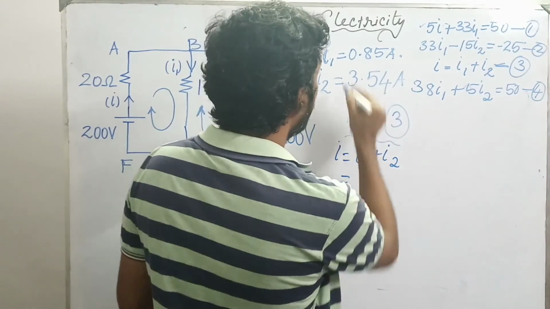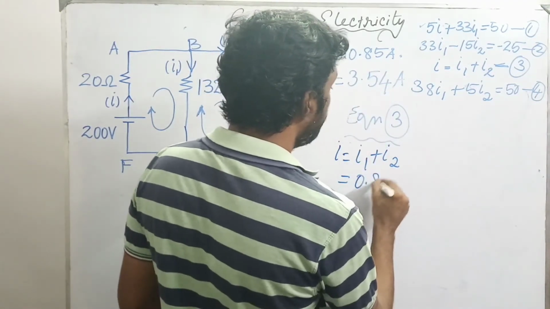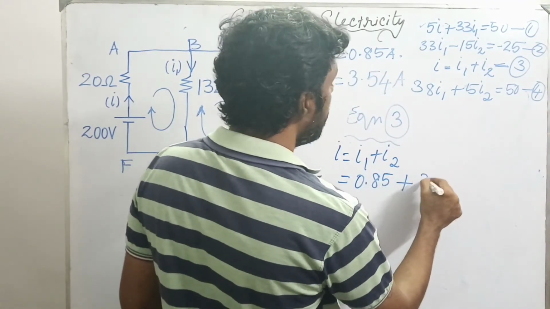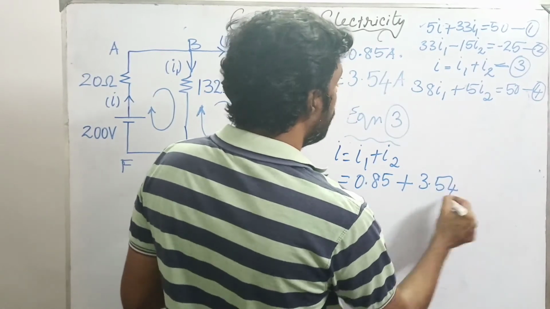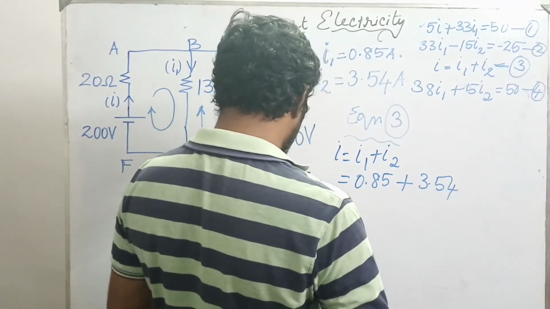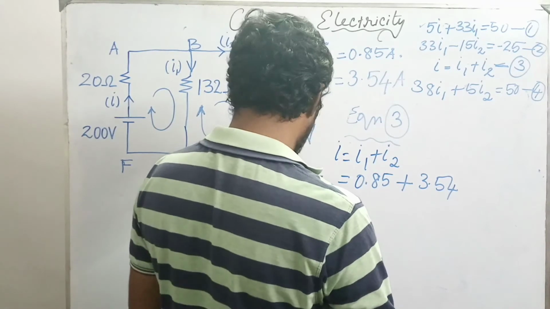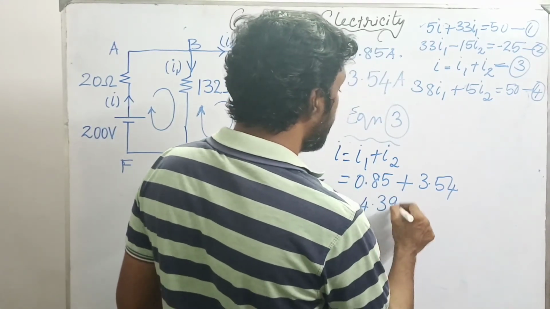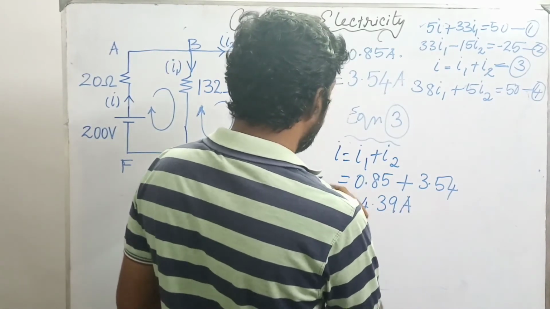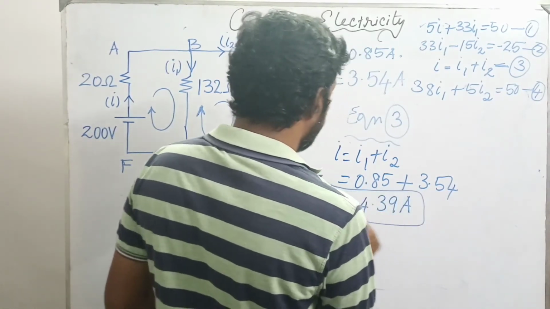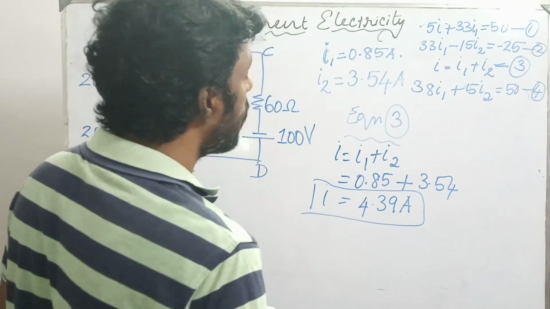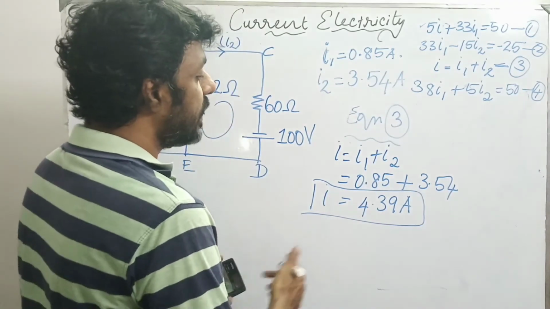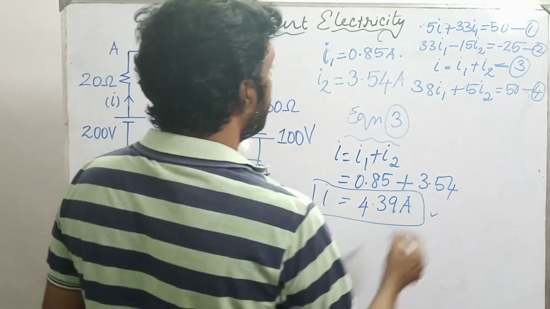Therefore, we get 0.85 plus 3.54, which is 4.39 amperes. So this is the total current. I is the total current, 4.39 ampere.